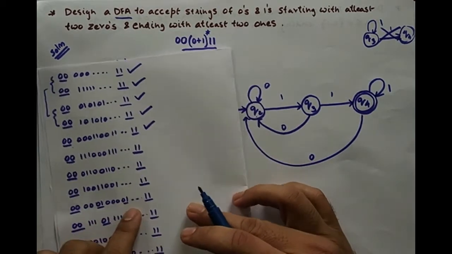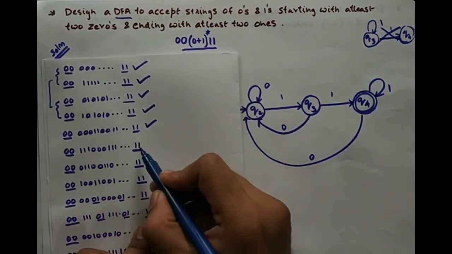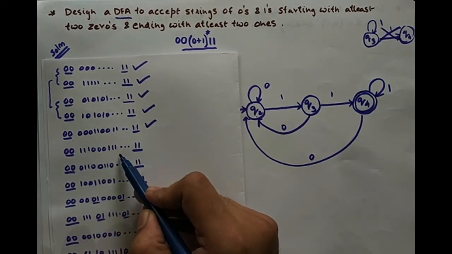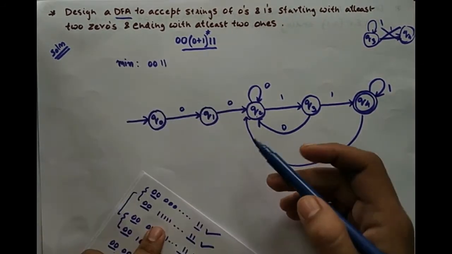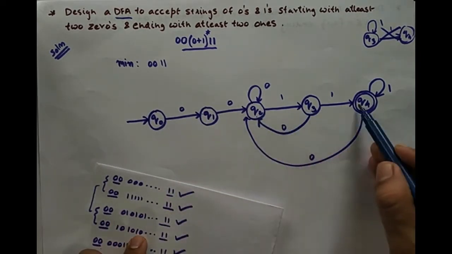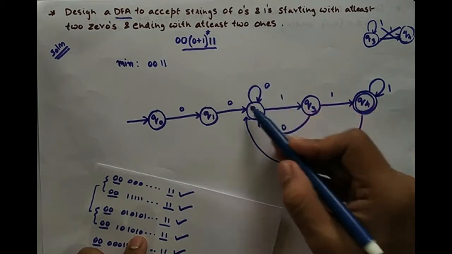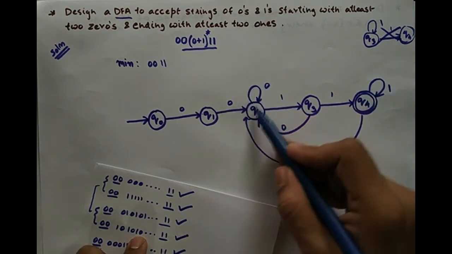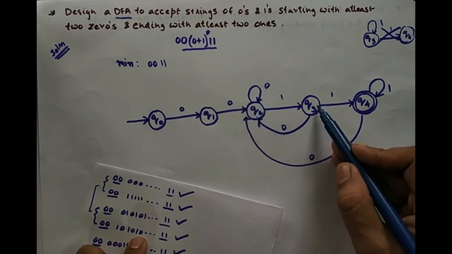Then this string we are going to check: 0 0, then some ones, some zeros, some ones, some zeros, and so on, ending with 1 1.